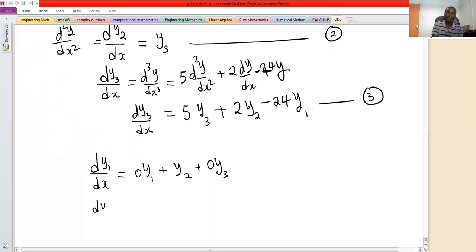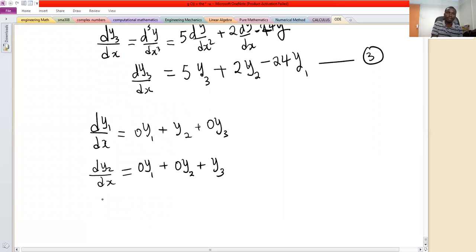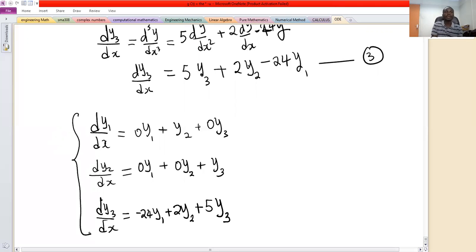And then dy2 dx is 0 y1 plus 0 y2 plus y3. And dy3 dx is equal to minus 24 y1 plus 2 y2 plus 5 y3. So this is the system that we now need to solve.